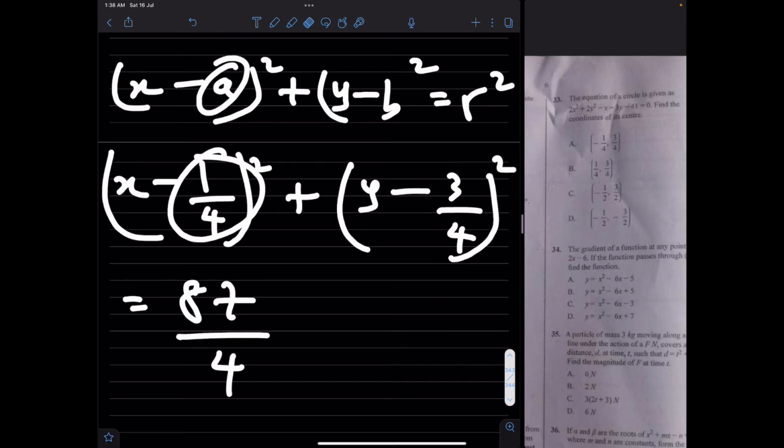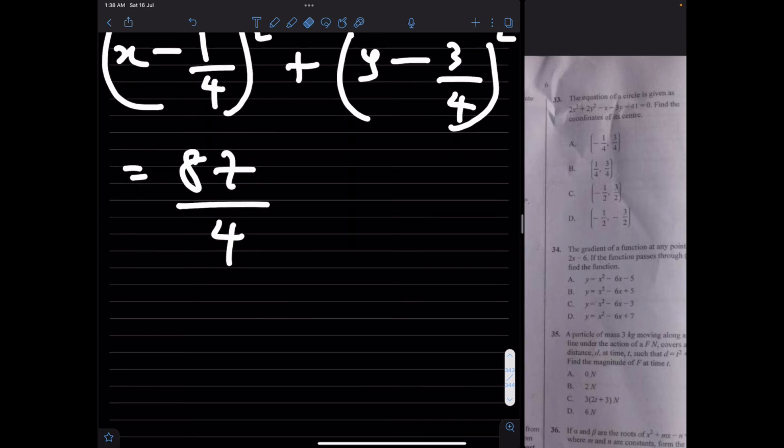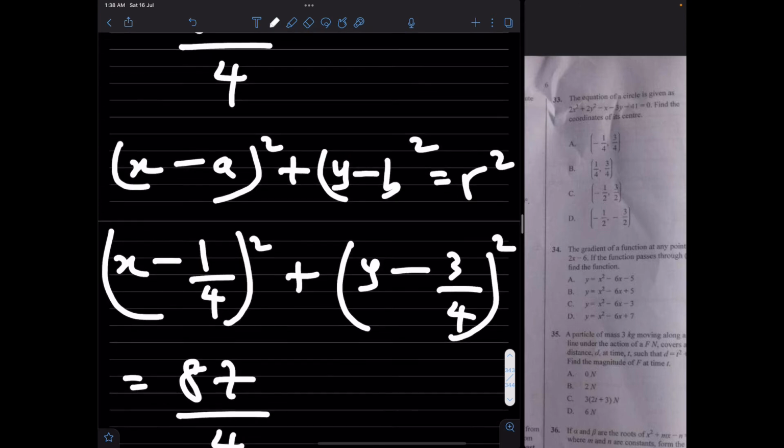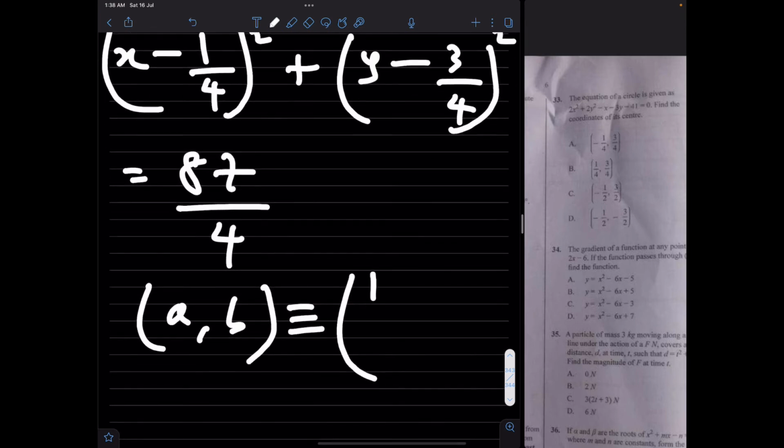That's it simply. So if you compare the two equations, we'll see that the center of the circle, which we know is supposed to be a, b, is the same as 1 over 4, 3 all over 4.